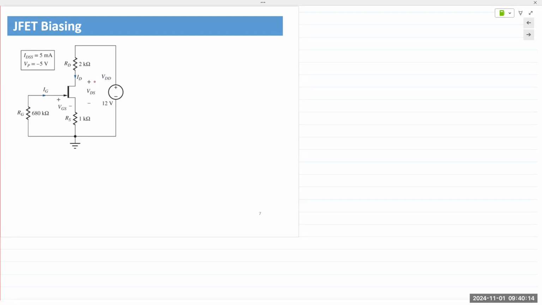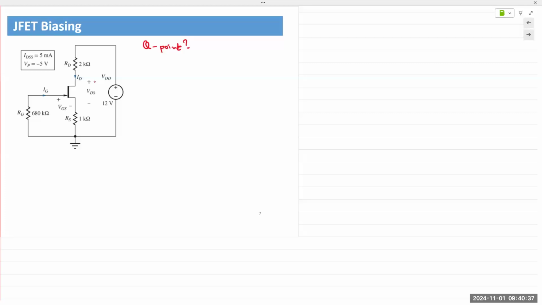So in this case, we have a JFET, we have a voltage source VDD, and we are asked to find the Q point, the operating point of this JFET. Remember, operating point is the constraint placed on the device by the external circuit and the external source. So we want to find the Q point.